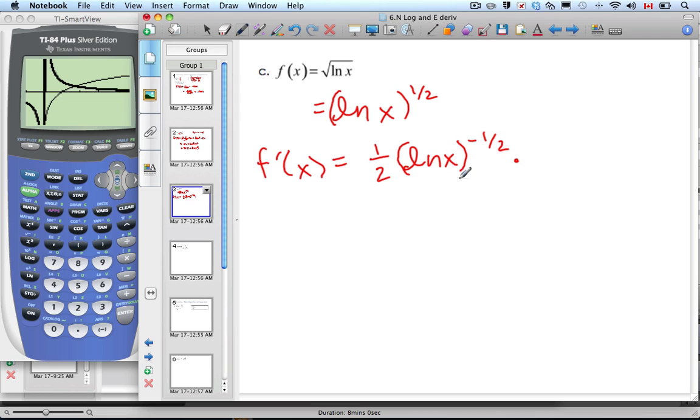Times the derivative of the inside function, 1 over x. Let's make it look a little better: 1 over 2x, with the square root of ln x on the bottom. I don't think it's absolutely necessary to write it in this form, but you should tidy it up a little bit at least. There we go. All right, one more example.